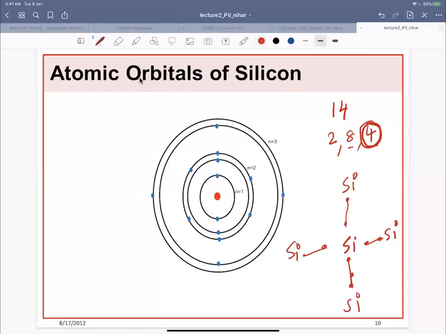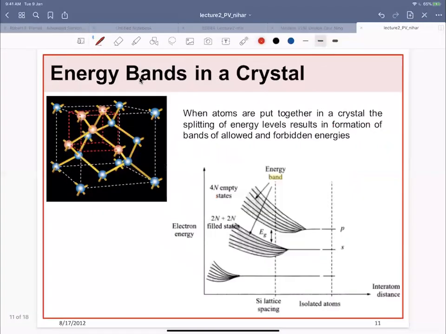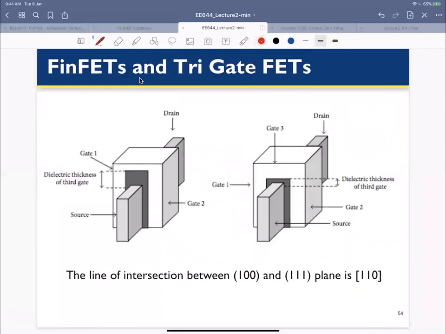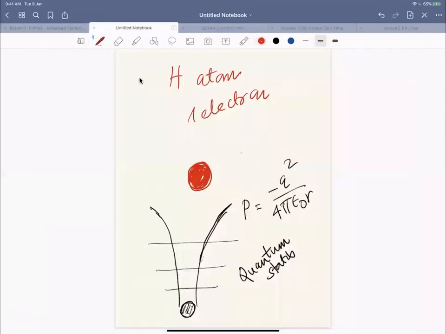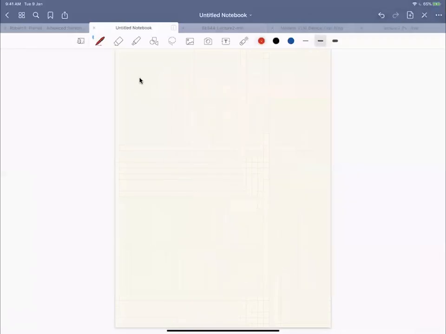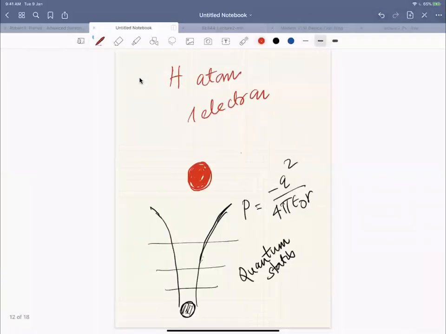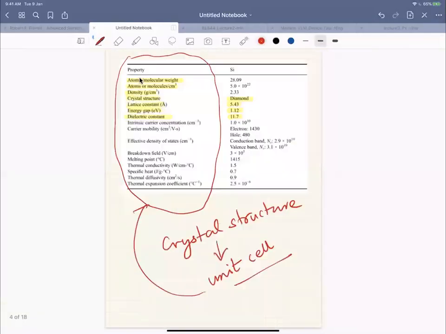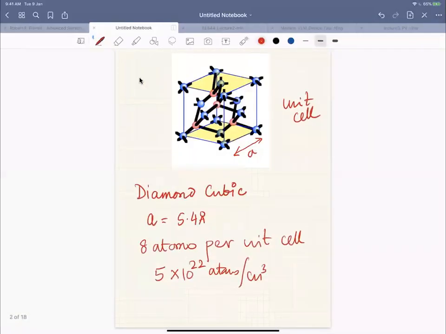So the point here is, when you talk about silicon, let me look at the figure.